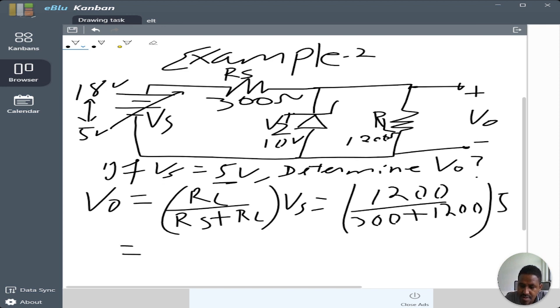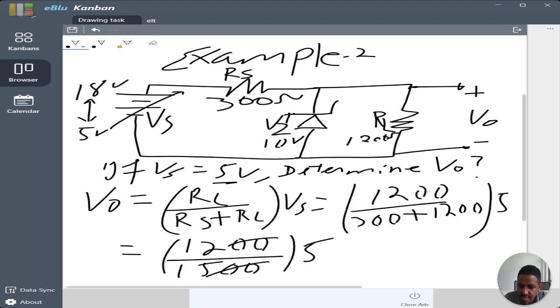This becomes 1200 over 1500, 4 over 5, times 5. So our V out becomes 4 volt. So during this time, again the Vz cannot be closed or cannot be operated.